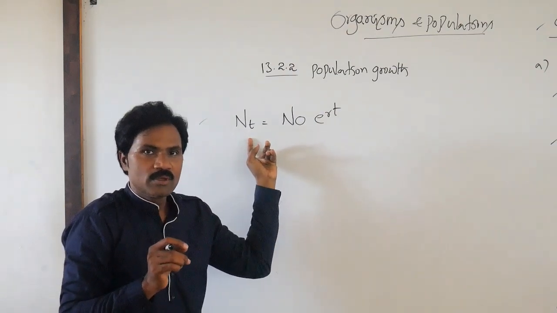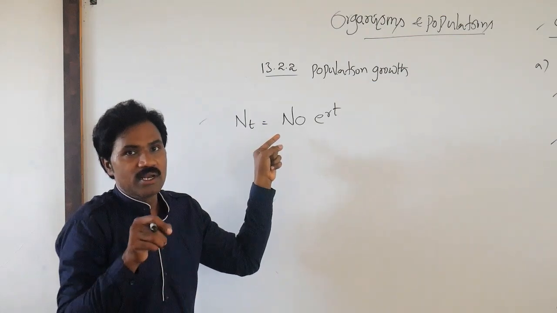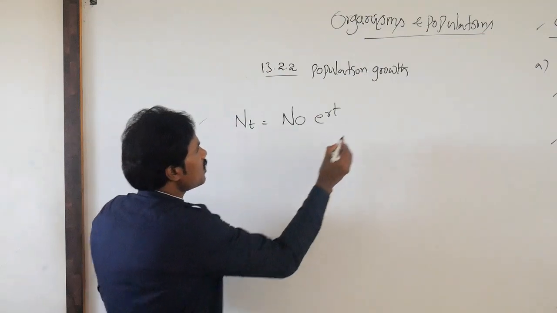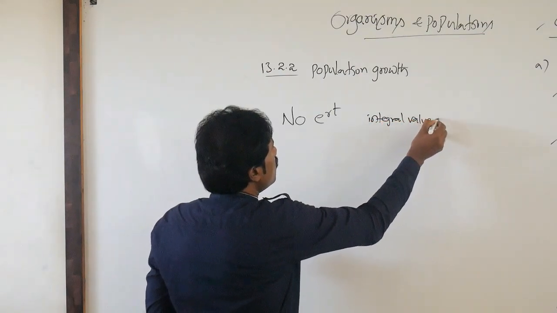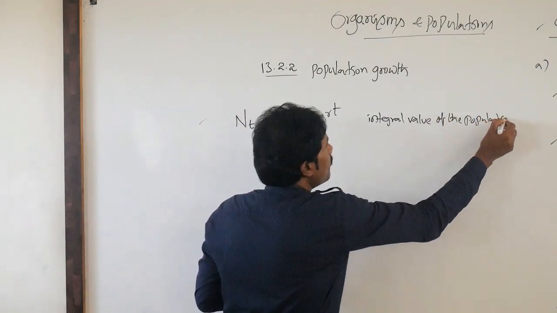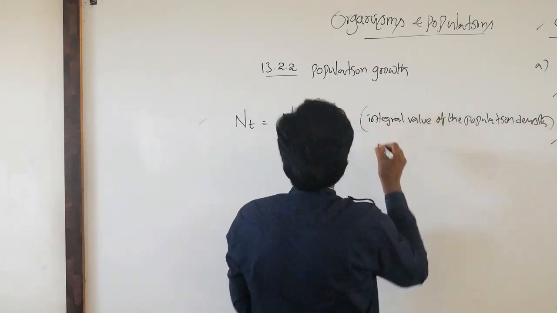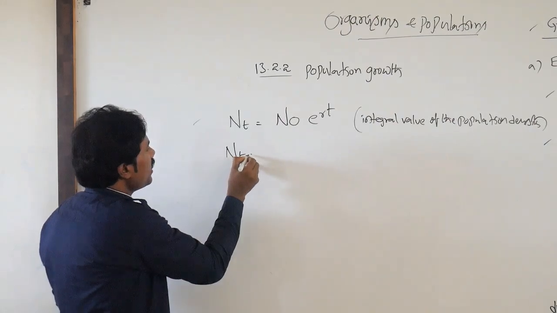This is the integral value of the density of the population. It represents the integral value of the population density.